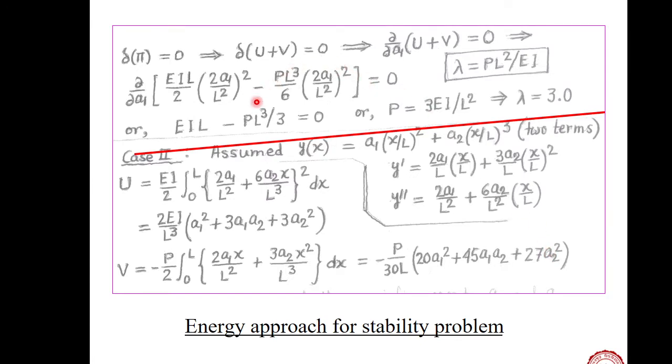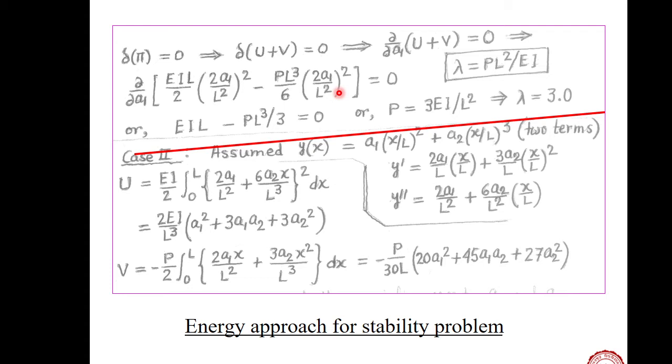So this is what we are getting. You see? From here, something is constant: twice a1 by L square, whole square, that part is constant. And something will come out from this del del a1 of a1, whatever it will become, this is a constant part.